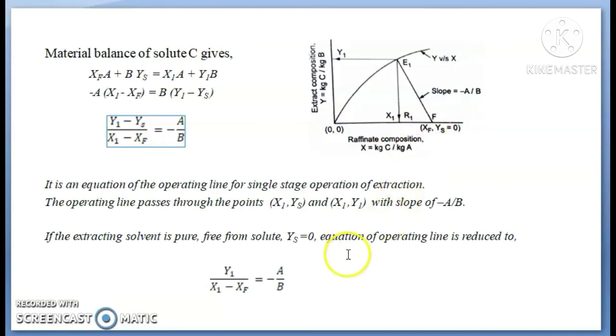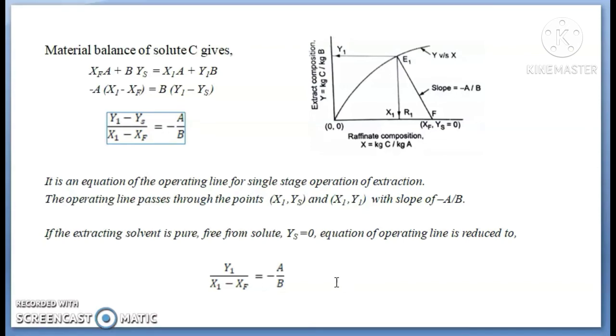If YS has a certain value, the operating line will start from that particular point. But if the extracting solvent is pure and free from the solute, Y is taken as 0 and we start the operating line from the feed point XF, where Y1 upon (X1 minus XF) is equal to minus A upon B. This gives the amount of solvent required for this operation, and the composition of the extract and the raffinate phase can be determined with this.